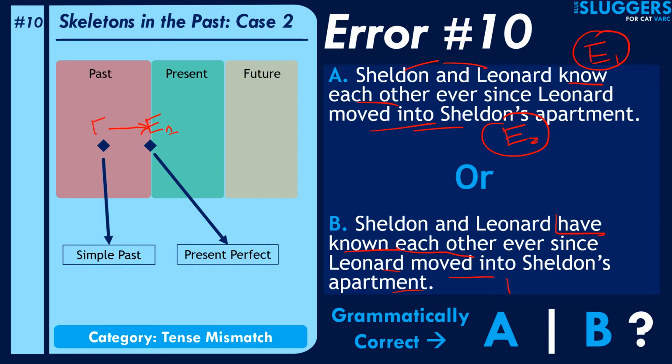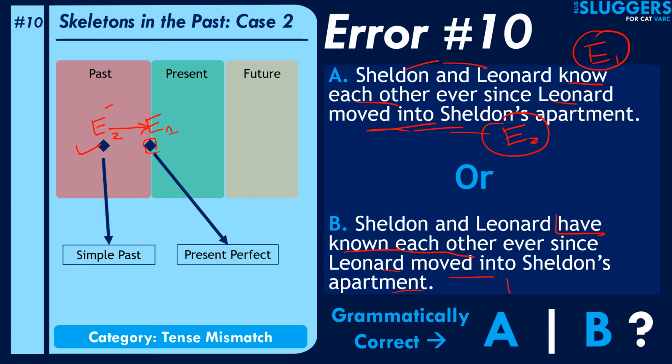Ever since event two, which was when Leonard moved into Sheldon's apartment, right? So the rule is this. Whenever you have expressions that involve two events, one of which has definitely happened in the past, which in this case is Leonard moving into Sheldon's apartment, and the other one is such that it probably started in the past and it's still continuing, right? That's why I put it somewhere here.